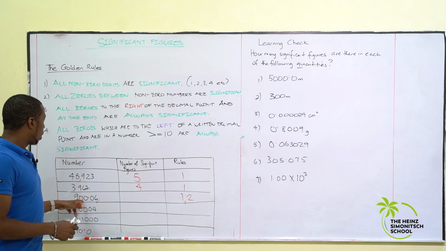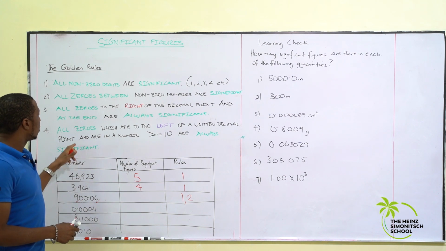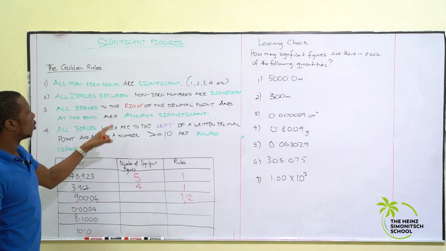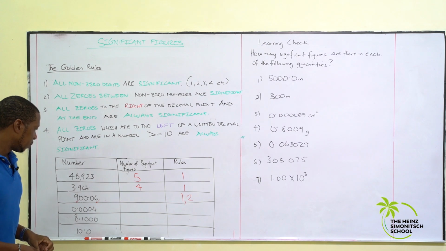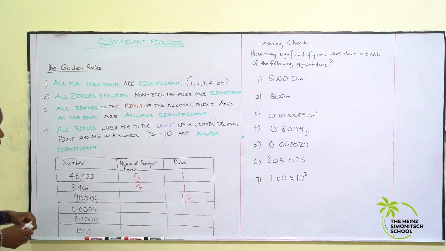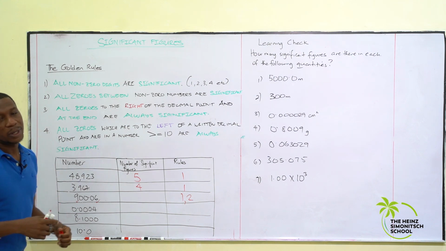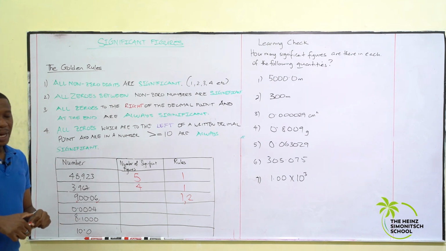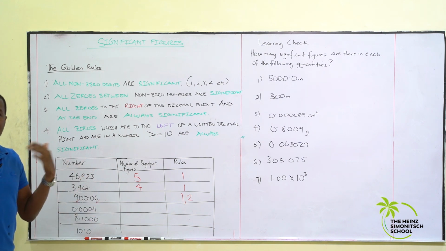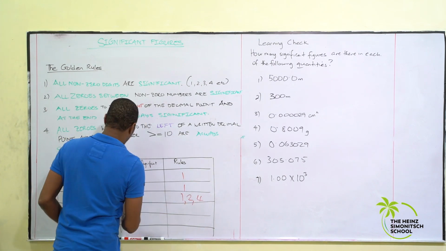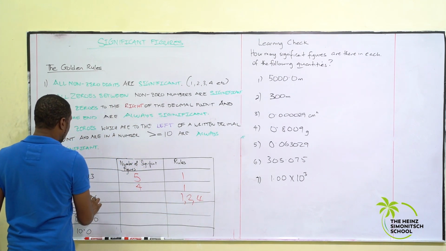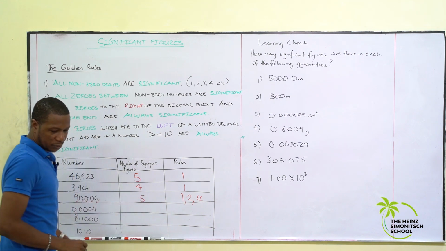It also says that all zeros which are to the left of a written decimal point are significant. What this is basically saying is that trailing zeros, once in a decimal, will be considered significant. So therefore, in total, we have 1, 2, 3, 4, 5 significant figures.